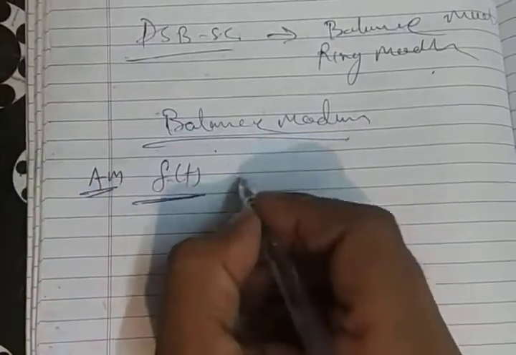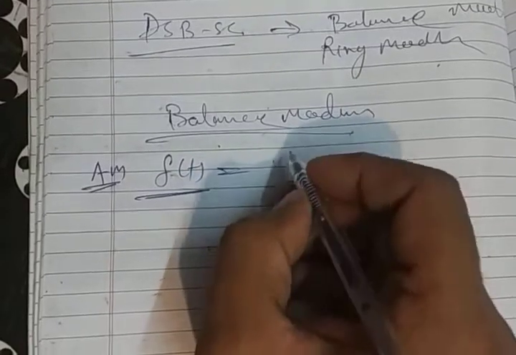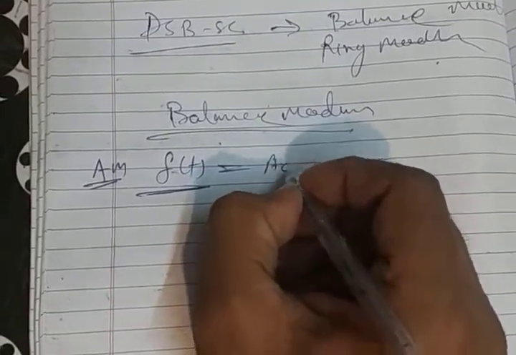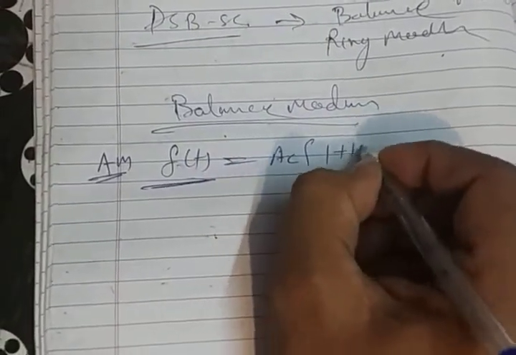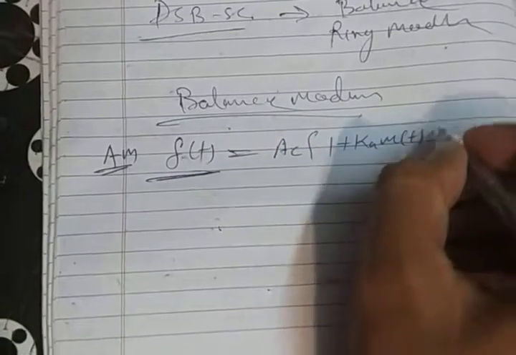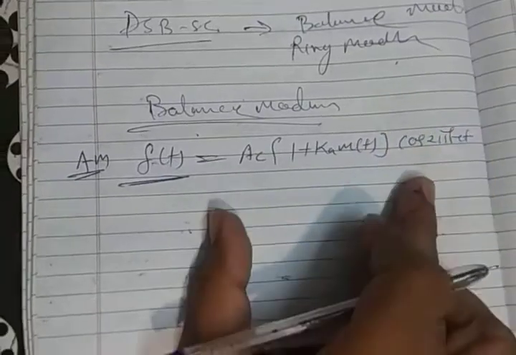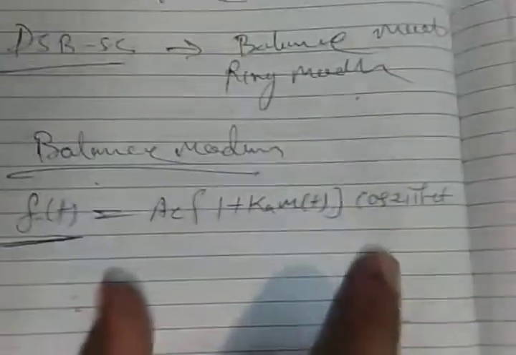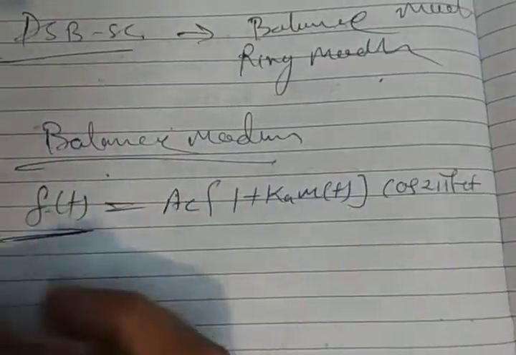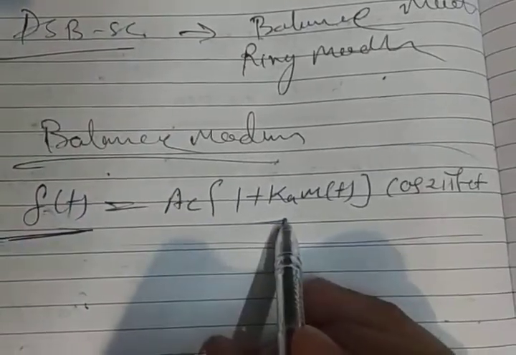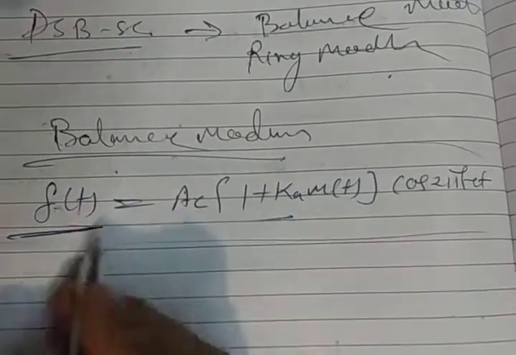Okay, AM signal is Ac [1 plus Ka m of t] into cos 2 pi fct. AM signal looks like this. Okay, DSB-SC signal.